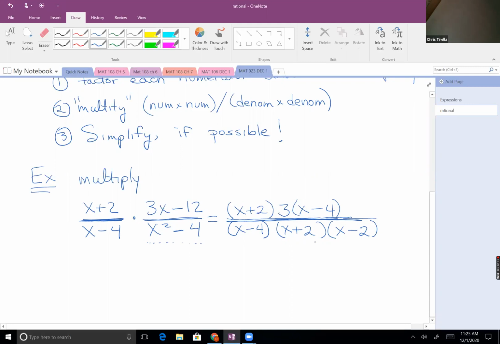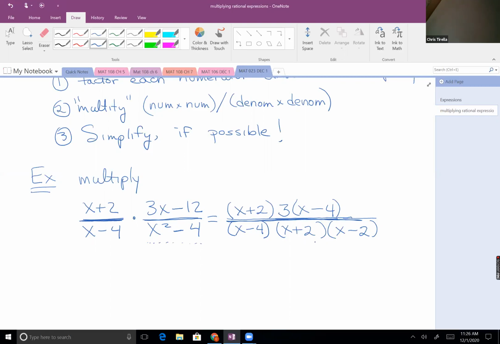So that multiply step really is just writing all of the numerator factors in a single numerator, and all of the denominator factors in a single denominator. I don't want to multiply it out yet, because if I were to multiply those numerators and denominators out, I'd have to work pretty hard to reduce it.